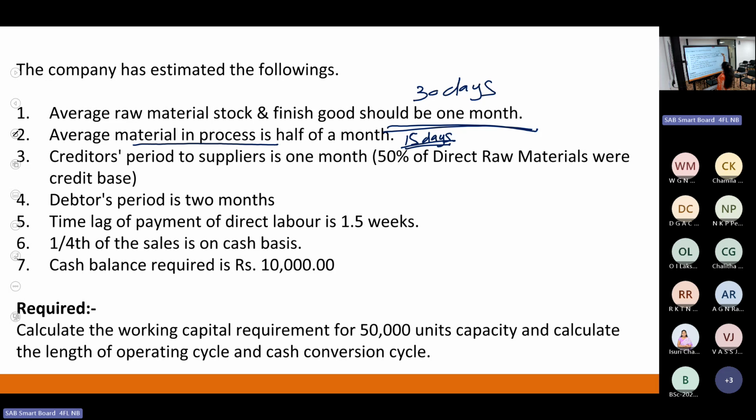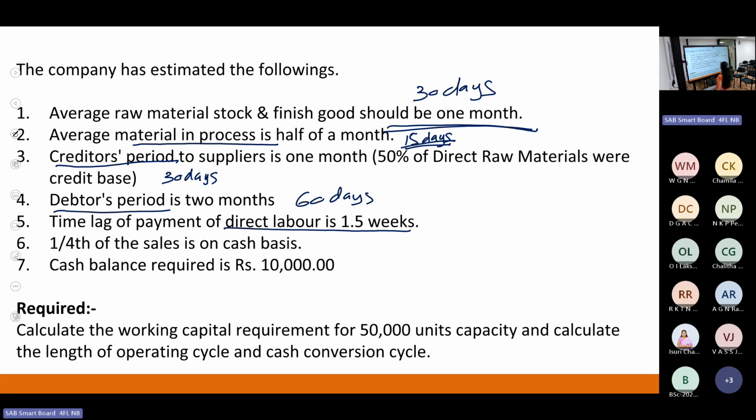Previously we calculated these days; in this case we were given the days. Creditor period, how many days? 1 month, 30 days. And half of the raw material purchases were on credit basis. Creditor period, 2 months, that means 60 days.